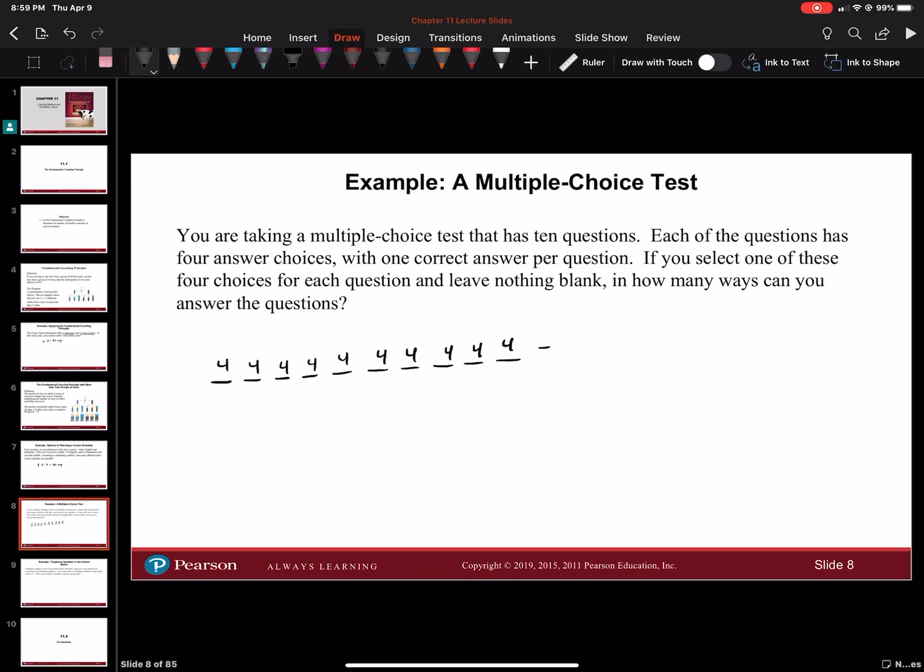Now, using the fundamental counting principle, we need to multiply all these things. So this is really just 4 to the 10th. And that equals, when you put it in your calculator, 1,048,576.